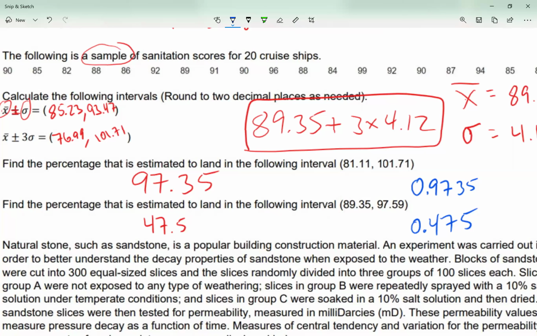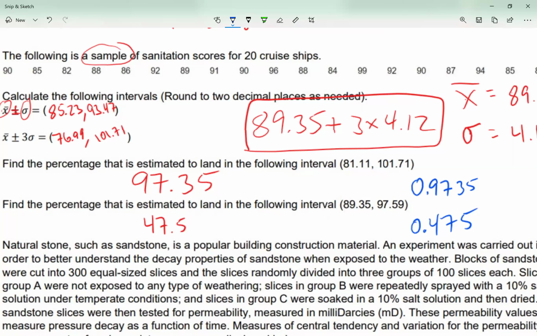If I ask for probability, I expect these little numbers. Probability is a number between 0 and 1. So 97.35, not quite. So the percent divided by 100 gives me my probability. The same thing, if I was to give you probability, times 100 gives you the percent.